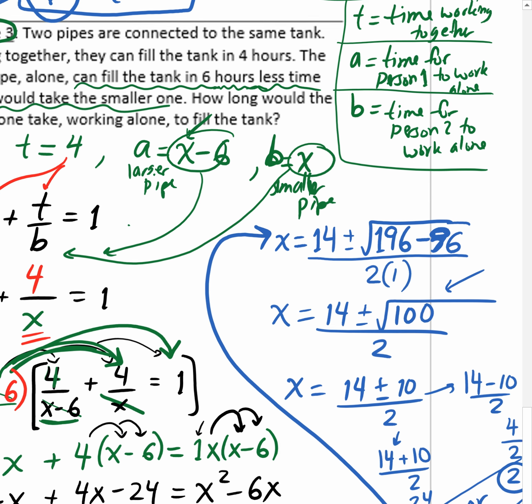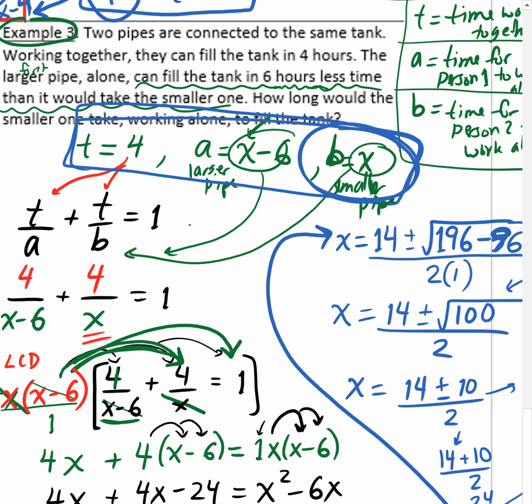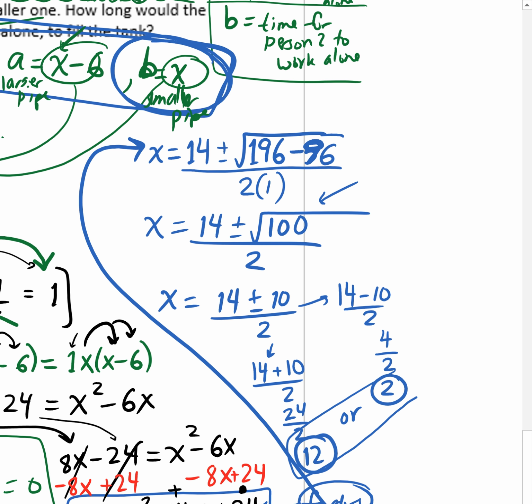Now I got to go back and remember what x stood for. So up here, when we defined what t, a, and x were, x was the time for the smaller pipe. Okay. So either of these would work, but I think usually the smaller one's the one you throw out, in case you're kind of thinking that.